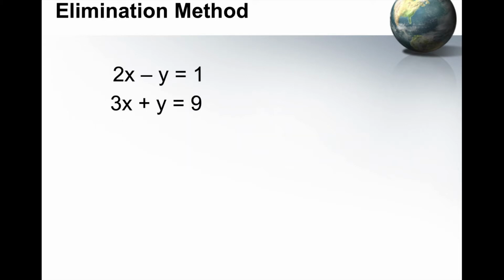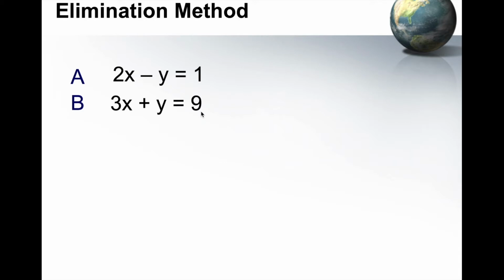Okay, let's start off by doing these examples. Say you have two equations A and B. You have two equations and two unknowns. You don't know x and you don't know y, and you need to find the values of x and y that satisfy both equations at the same time.